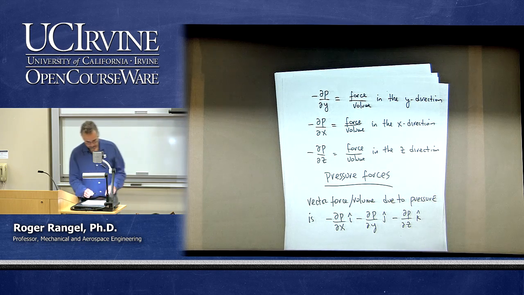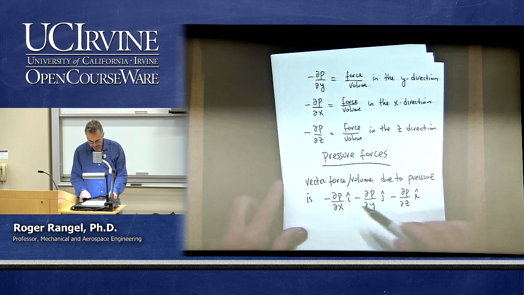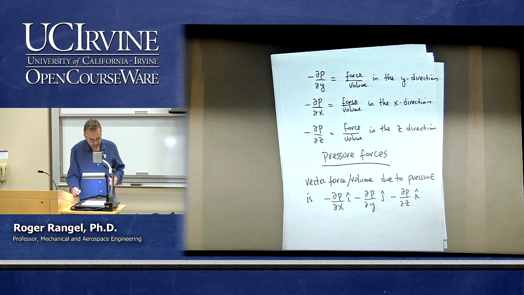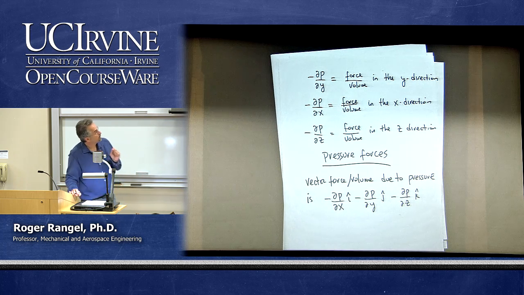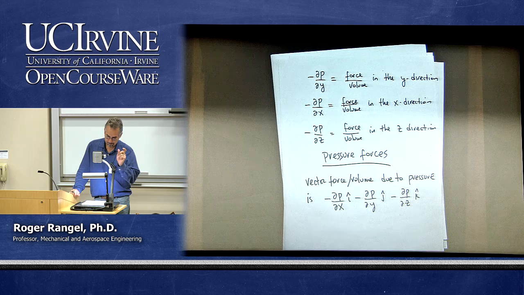So this vector, with these three components in i, j, and k, is the vector that represents the force due to pressure per unit volume that is acting on a fluid element that has shrunk to a point.